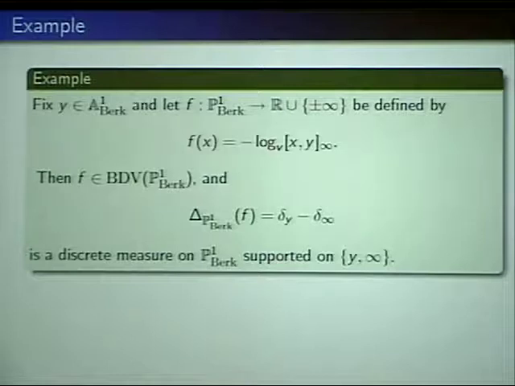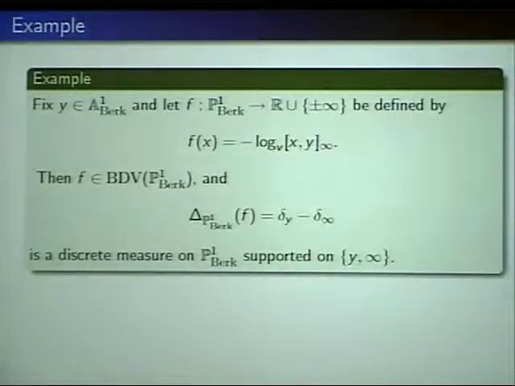In fact, it's piecewise affine. And its Laplacian is a discrete measure. You have a point mass at y minus a point mass at infinity. And somehow this is coming from the fact that all this function is doing is increasing on the path from y to infinity.